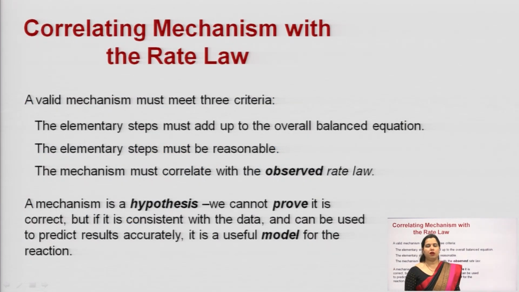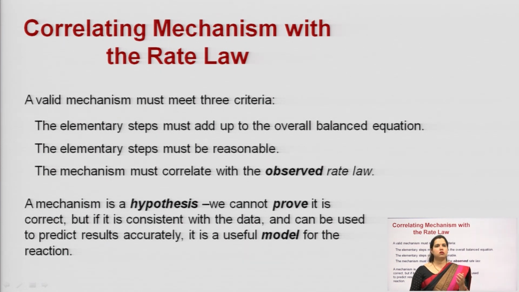Correlating mechanism with the rate law, a valid mechanism must meet three criteria. Elementary steps must add up to the overall balanced equation, the equation should be balanced, and it must be reasonable and correlate with the observed rate law. It must follow the physical laws for the rate of reactions.